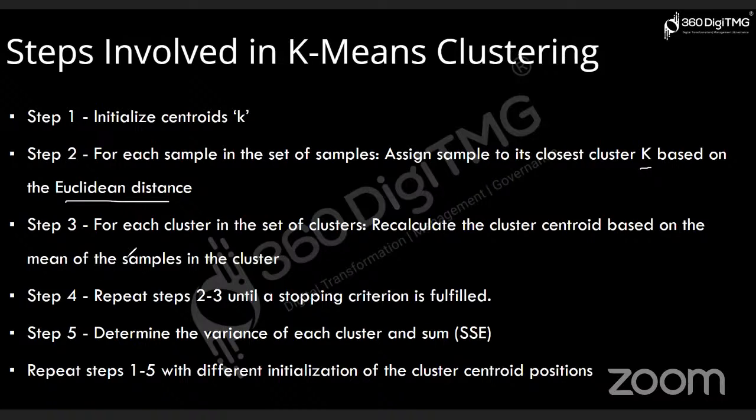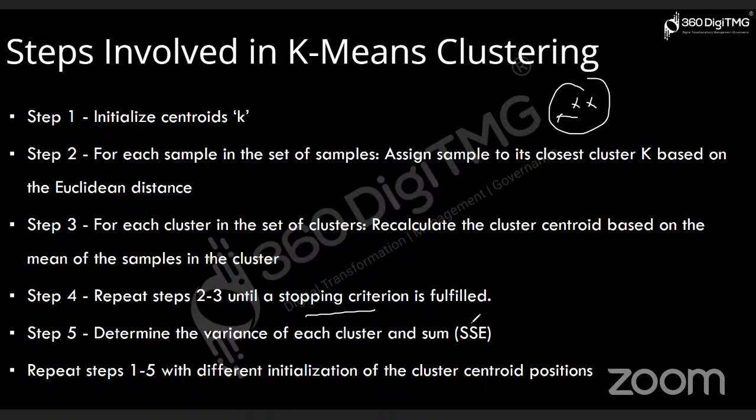Then for each cluster in the set of clusters, we will recalculate the cluster centroid after clustering, and this will be the new centroid of the cluster. Next we repeat these 2 steps again and again until a stopping criterion is fulfilled.